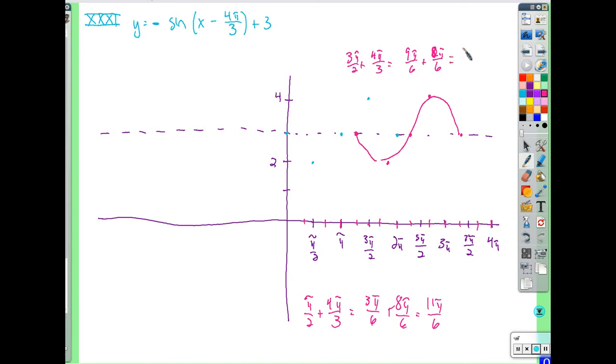So we get 17 pi over 6. Let's see, 18 pi over 6 would be 3 pi, so 17 is right there. So this point should be right there. So get rid of this part of the curve, make it a little bit better. Okay, that's a little better.